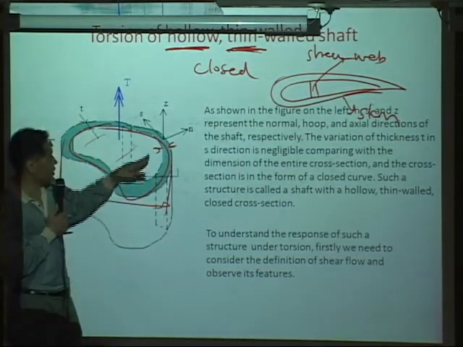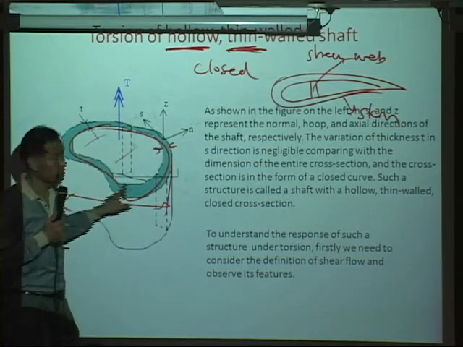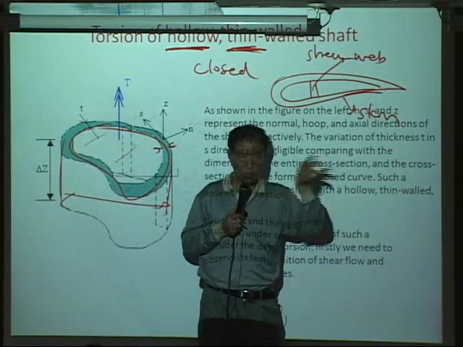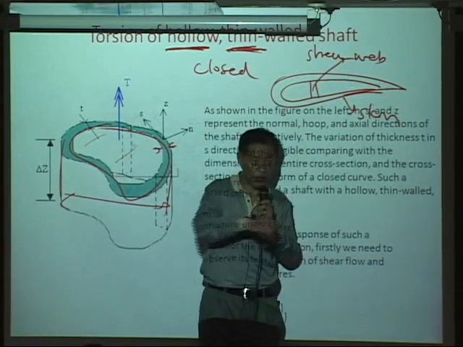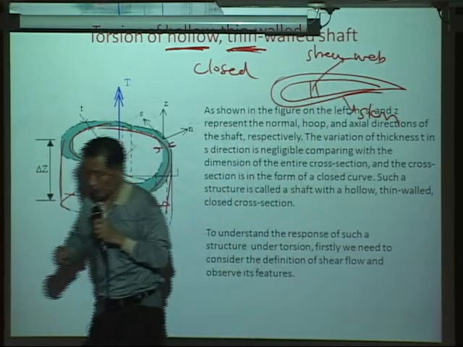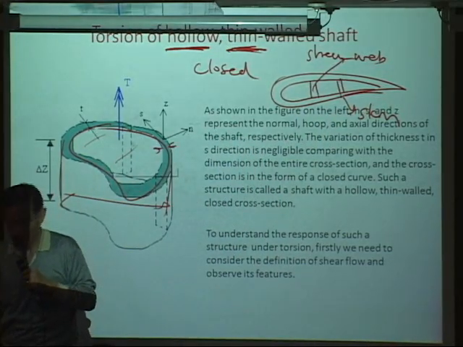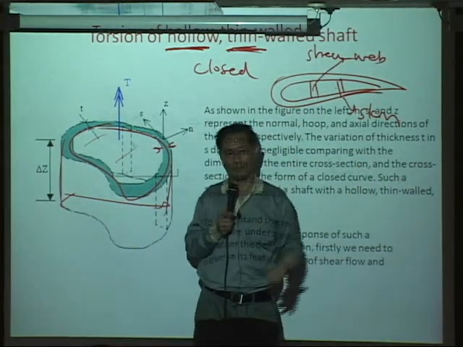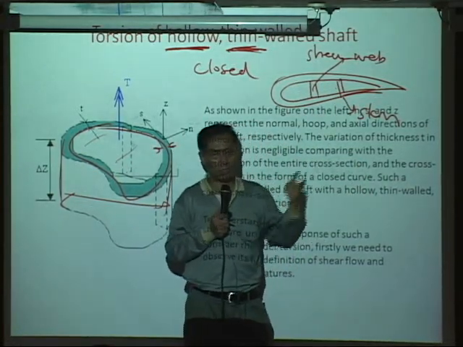The only difference is that this is one cell and this is two cells. How many enclosed sections do we have? If we have two webs like that, how many cells do we have? 1, 2, 3 cells. So we call it a multicell.